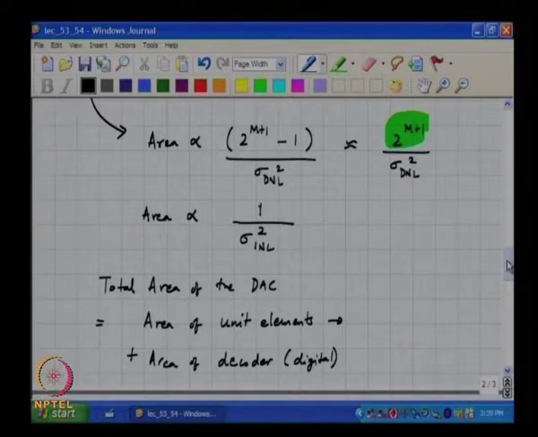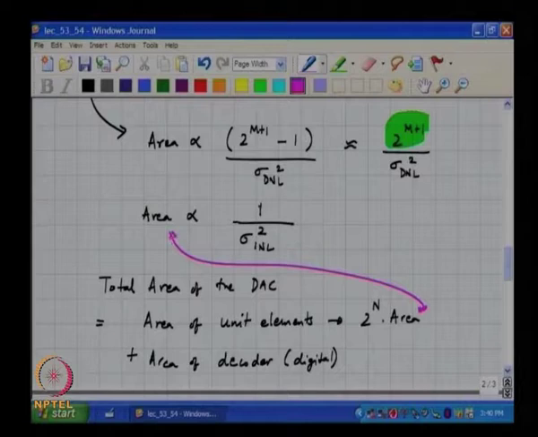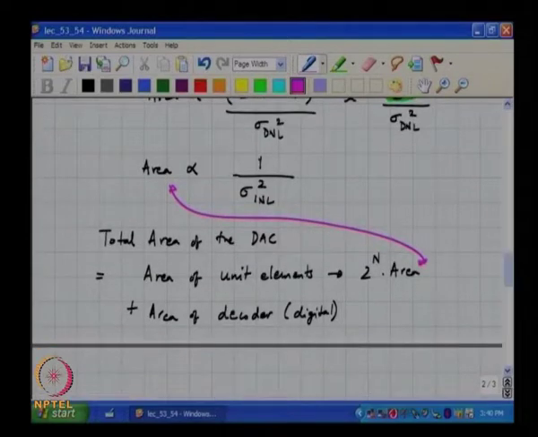How many unit elements are there? In an n bit DAC, how many unit elements will be there? So 2 power n times the area of the unit element, plus area of the decoder.